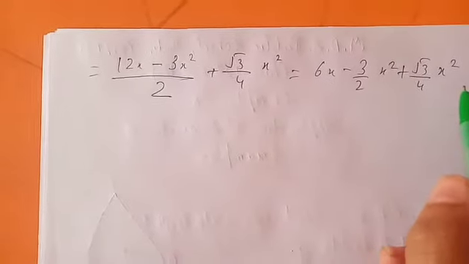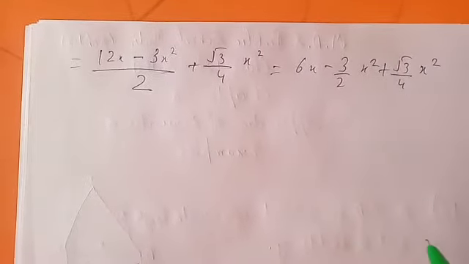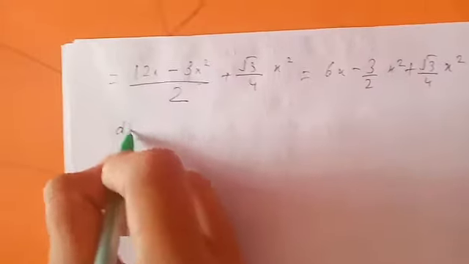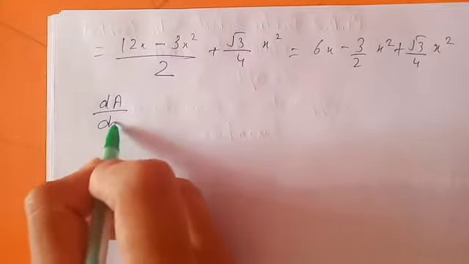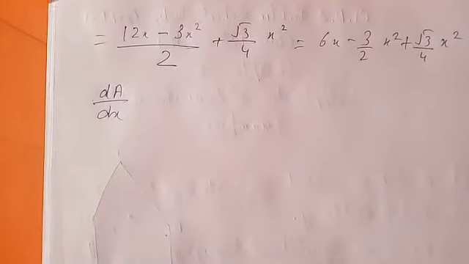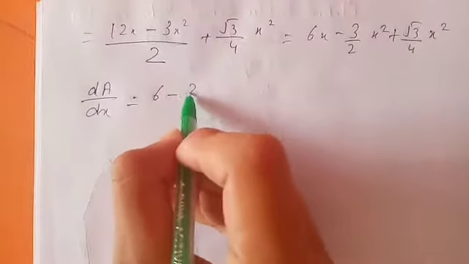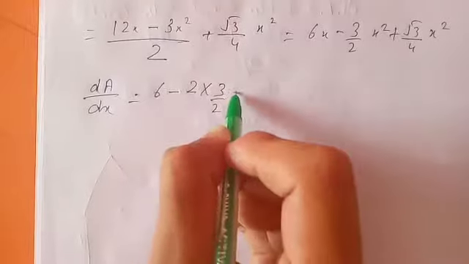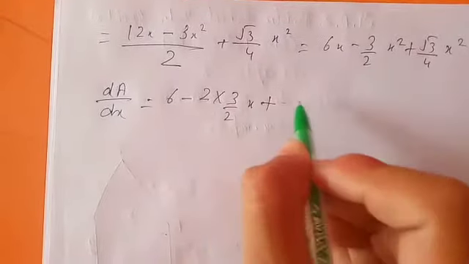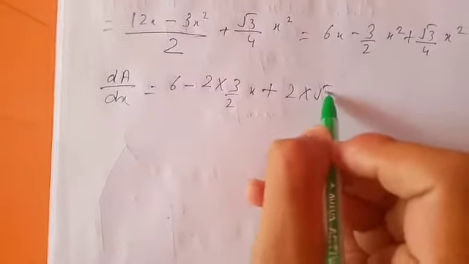Okay, now what we have to do? We have to find out the first derivative of our area, that will be equal to 6 minus 2 into 3 by 2 of x plus 2 into root 3 by 4 x.